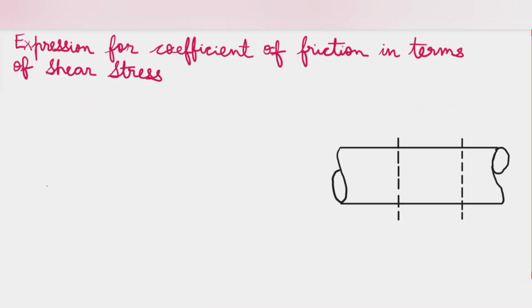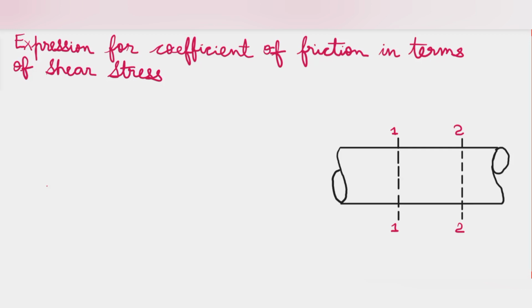The next thing that we are going to see is the expression for coefficient of friction in terms of shear stress. Here I have considered a uniform horizontal pipe having steady flow, and we have considered two sections, section 1-1 and section 2-2.